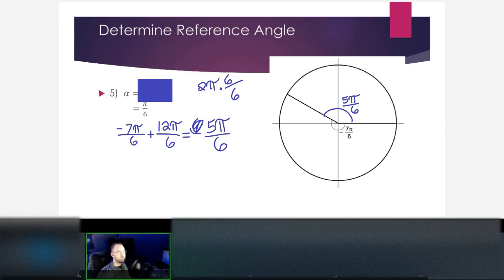Theta is pi. Well, no, theta is 5 pi over 6. That's the given angle that we recalculated by making it positive. That's the coterminal angle. So we are going to do what?